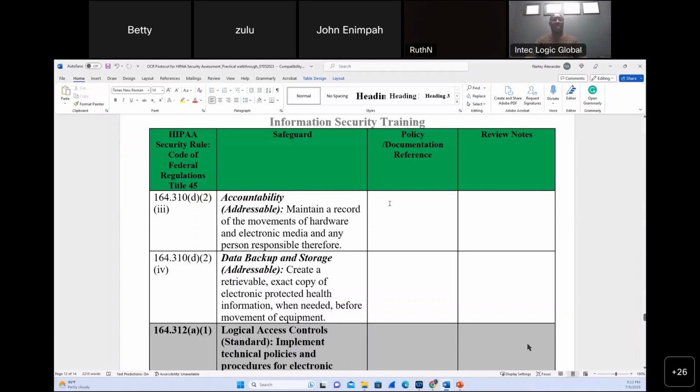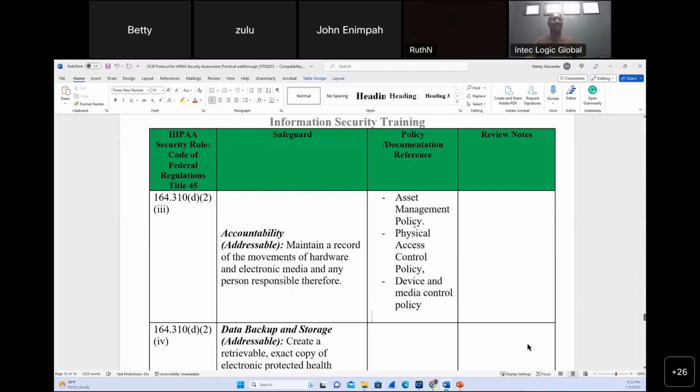Maintain records anytime you are moving. The document that we look at first is the asset management policy. It can be the physical access control policy, the device and media control policy, right? So you need to keep records on them. It's very, very important.